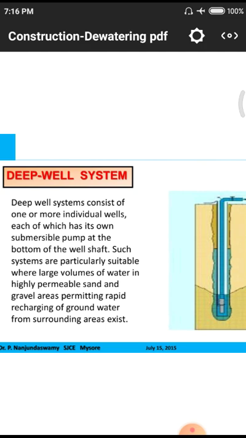In those areas the annual rainfall is much lower compared to other districts in our state, so they completely depend upon these boreholes for their agricultural purpose. Likewise, these are observed in Prakasam district and Macharla areas more overtly compared to the remaining districts. In those areas particularly we have to observe these deep well systems.